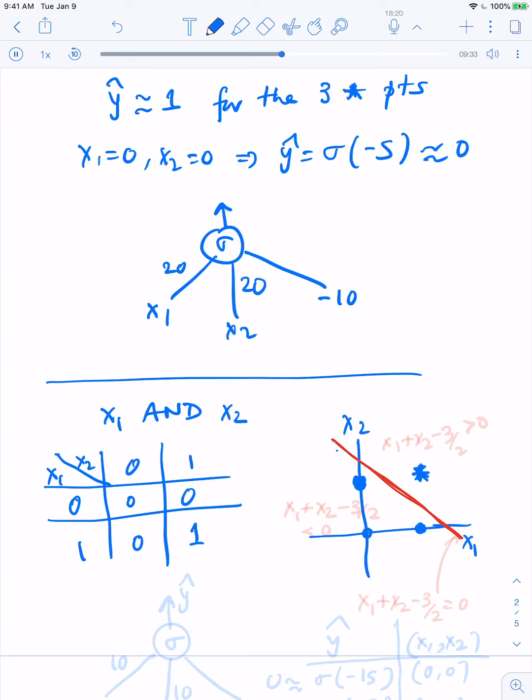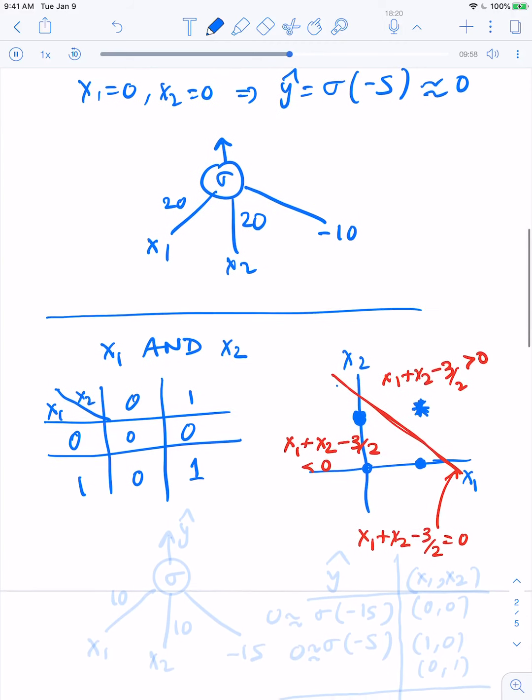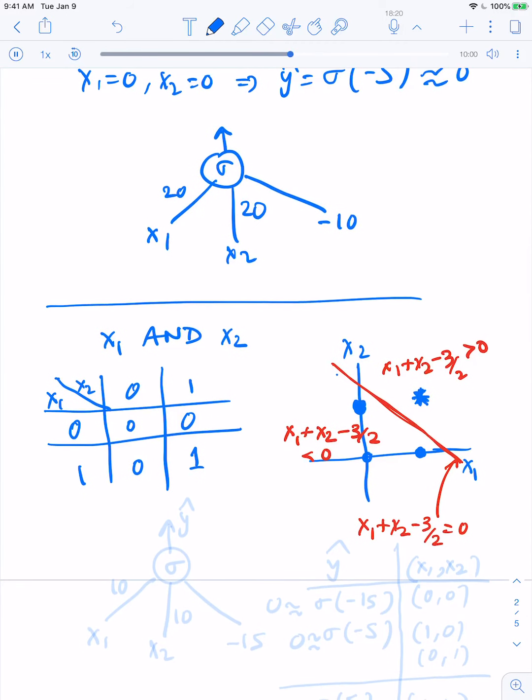And you can see pretty easily that this one is the line x1 plus x2 minus 3 over 2 equals 0. And so 1 happens when x1 plus x2 minus 3 over 2 is bigger than 0, and 0 happens when x1 plus x2 minus 3 over 2 is less than 0. And once again, you can do it exactly the same way: you just multiply these coefficients up by the factor you want to get close enough to 0 and 1, and you get the answer you need.